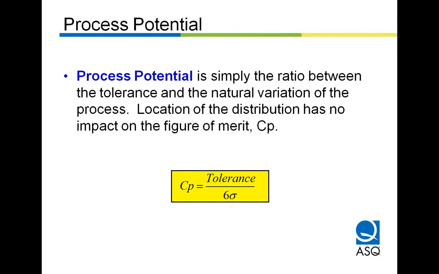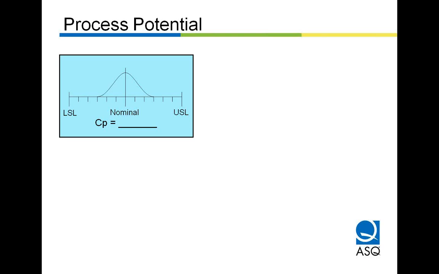Process potential is a statistic that takes a look at the ratio between the tolerance and that Six Sigma spread, the natural variation inherent in the process. It's simply that ratio. What I've created here is a distribution that's centered on nominal, and it's 3 standard deviations either side of the mean.